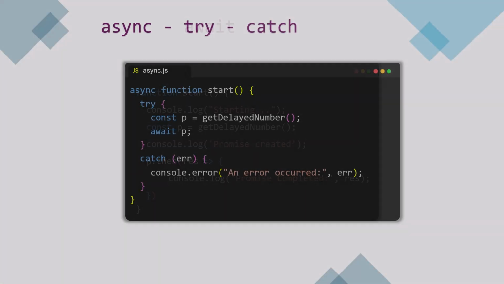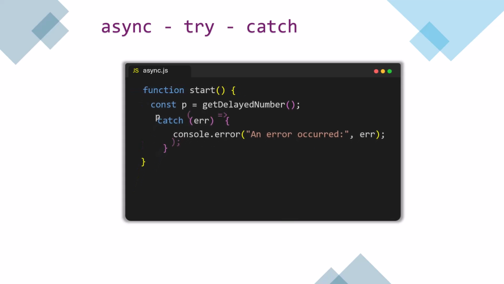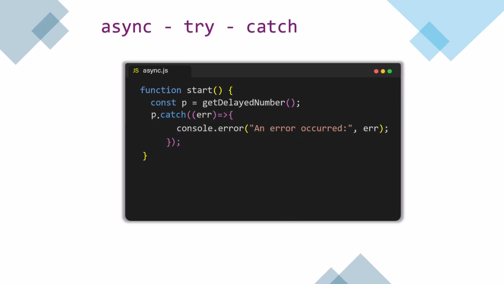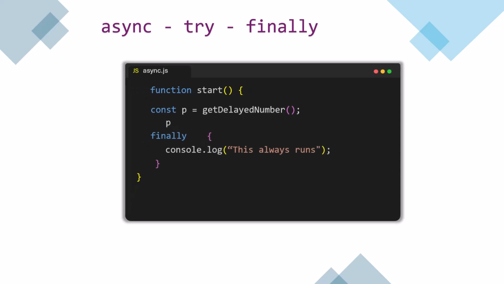Now you may be wondering, what about error handling? Async await also allows us to handle errors using try-catch blocks. If you wrap your await calls inside a try-catch block, the part that's inside the catch block is also transformed into a callback that is registered using the catch method. Similarly, if you use the finally block, that block of code goes into the finally method.